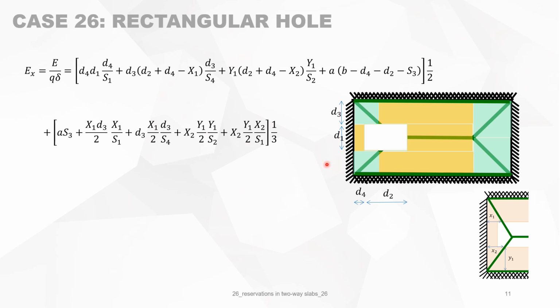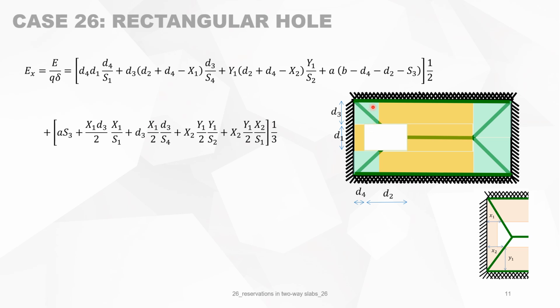Now we look at the triangles, which is the green part. This is easy, it's a times s3. Then we have the two left corners, which is this value x1 times d3 divided by 2 because it's a triangle. And the maximum deflection is x1 divided by x1.